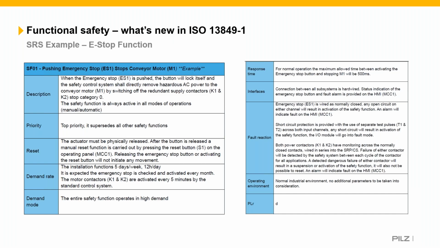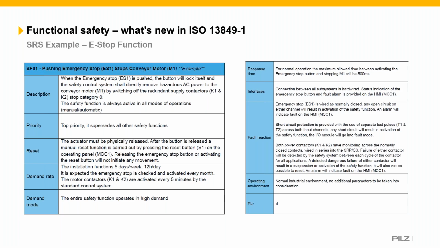When the emergency stop is pushed, the button will lock itself, and the safety control system shall directly remove hazardous AC power to the conveyor motor, which is M1 in the drawing, by switching off the redundant supply contactors K1 and K2 and use the stop category 0. So stop category 0 is removal of power and the machine comes to a stop under its own volition.